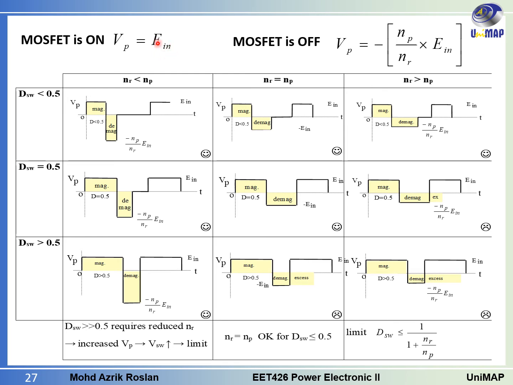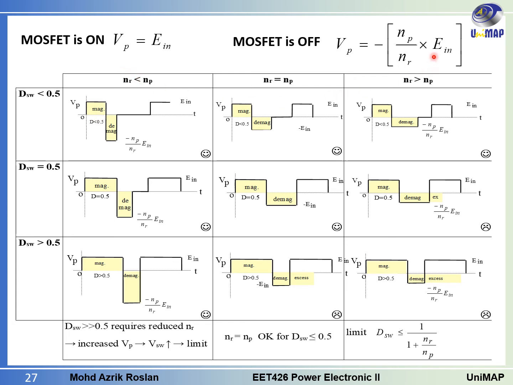So this is during the MOSFET on time, and during the MOSFET off time it is equal to negative NP over NR multiplied by E in. So during this time, this is the process of the magnetization of the winding. When we supply the power to the winding, the winding will receive this amount of voltage, the VP here.